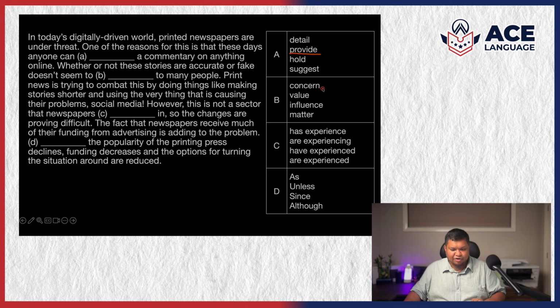Of course you cannot have concern here, because, think about it, to concern too many people, no, it doesn't make sense. To value too many people doesn't make sense. It could have been influence, but if I use influence, after that I cannot really use to, so it is not my answer.